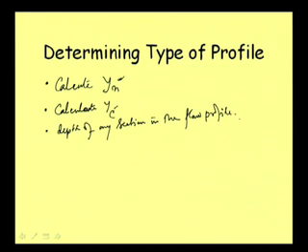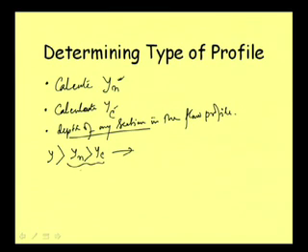Well, once we know these things, then we have the relation: if our yn is greater than yc, and the depth y of the flow profile at a particular section is greater than yn and greater than yc, then, first from this part, when yn is greater than yc, this will give us that this is a mild slope.